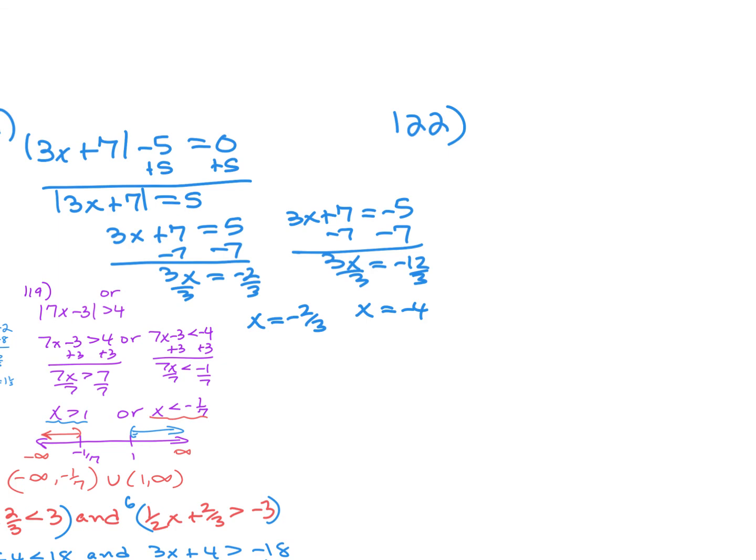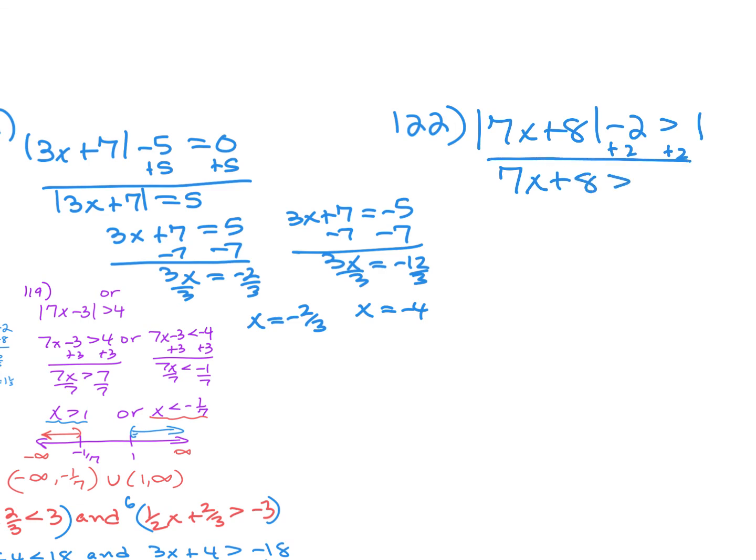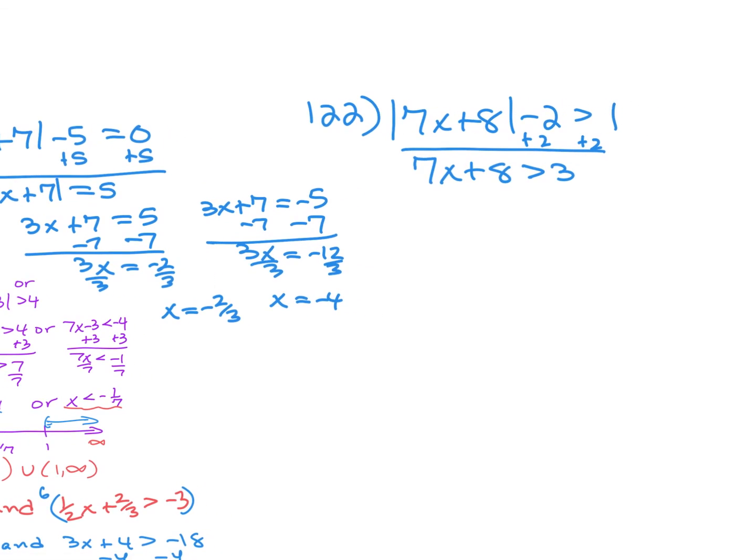And then now number 122. The problem is |7x + 8| - 2 > 1. Again, remember, let's isolate first. 7x plus 8, we'll add 2 to both sides, greater than 3.